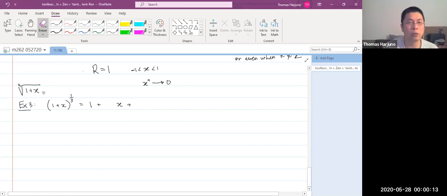In notation, it will be 1/3 choose 1. This is 1/3 choose 2. And then 1/3 choose 3 for x cubed. And keep on going.